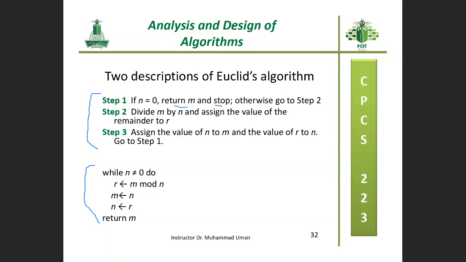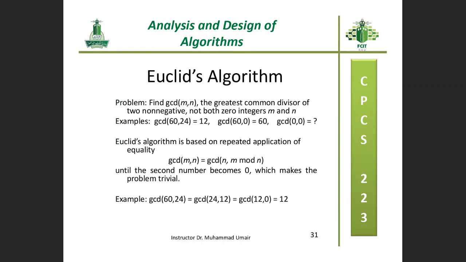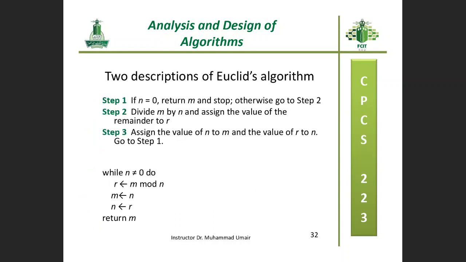In the next step, according to the given formula which I showed you on the last slide, we have to divide the first number by the second one. Whatever the remainder comes becomes the second parameter. So divide m by n and assign the value of the remainder to r. Next, assign the value of n to m, and now you are changing the values, and the value of r to n.